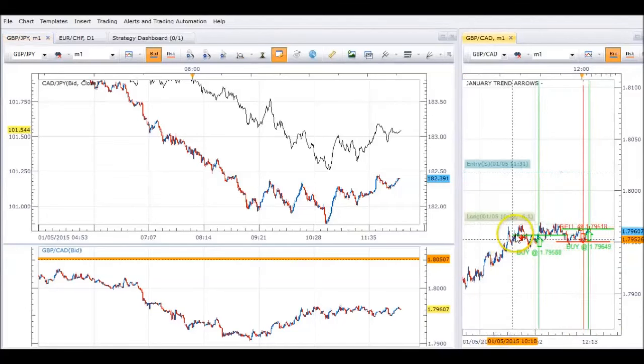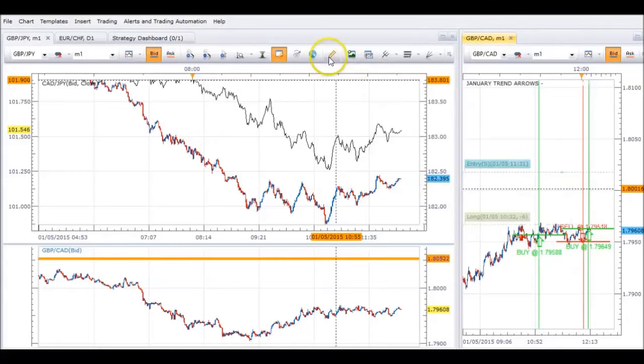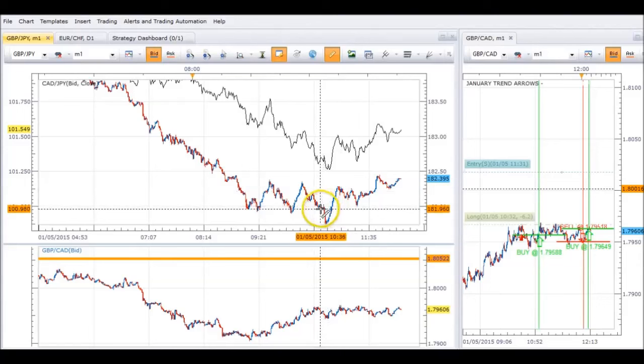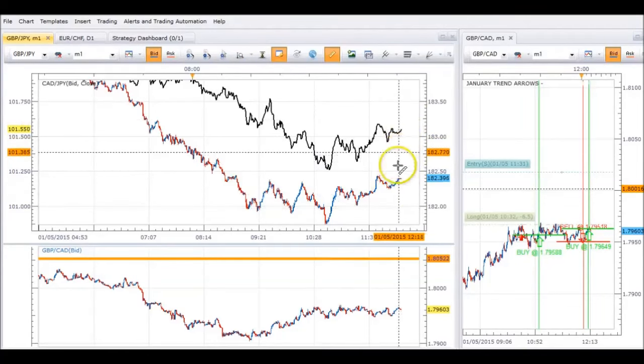It's just sitting there dilly-dallying. That's my long position. I want to get out up here. I put 50 pips, but I know the actual number is 67. 67 pips is what it should move when they come back together.